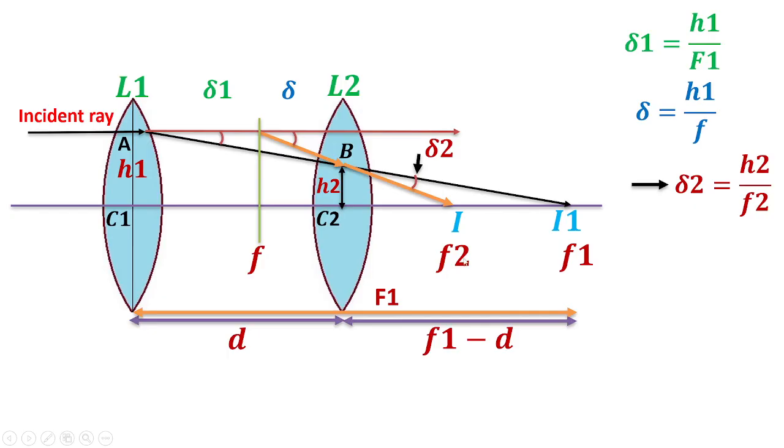This is the focal length f2 for this image I. For this image I1, there is an object on the left-hand side of this lens L1. But the image I1 is a virtual object, and this image I forms here at a focal length of f.